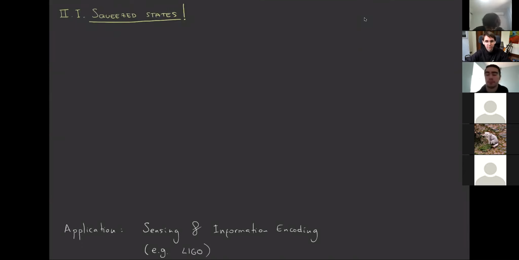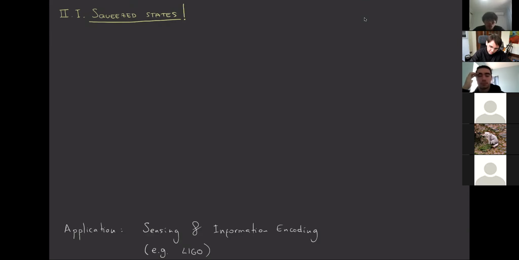I'm sure you are all familiar with what LIGO is, but essentially LIGO is this gravitational wave interferometer, in which we have an optical interferometer with light circulating inside, and somehow, by a very clever way, we manage to encode the information of the gravitational wave, the effect of the gravitational wave, into modulations of the amplitude or the phase of the harmonic oscillator, or in our case, light, the electromagnetic field.